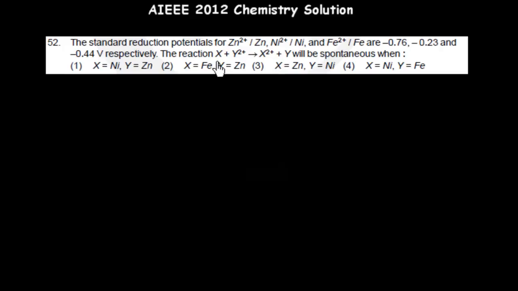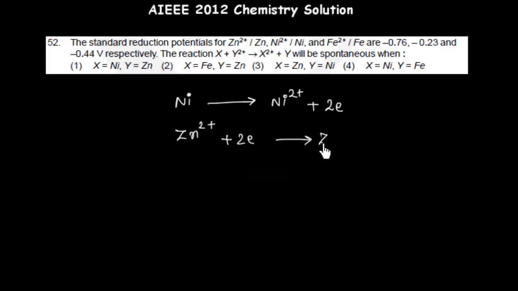So let us say if my X is nickel, let us check one by one. X is nickel, this will form Ni2+ plus 2e. Now Y is basically zinc, so I will have Zn2+ plus 2e giving zinc.